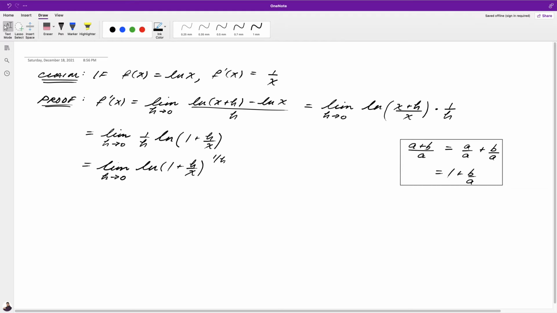Okay? Now, I can already see what this is leading to. This is starting to look a lot like the definition for e. Over here, I'm going to provide a couple definitions. So we've got e is equal to, not just approximately, but equal to the limit as h goes to 0 of (1 plus h) to the 1 over h.